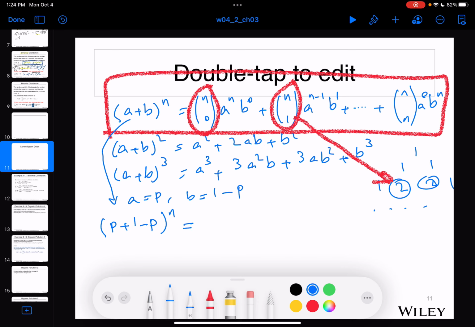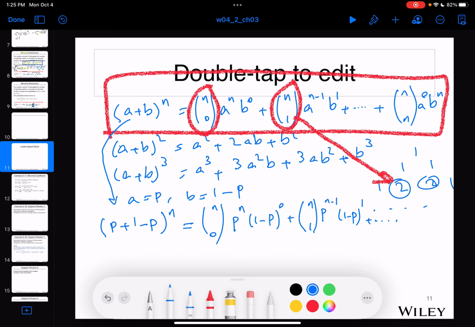And the right-hand side becomes n choose 0, p to the power n, times 1 minus p to the power 0, plus n choose 1, p to the power n minus 1, 1 minus p to the power 1, plus ... right?